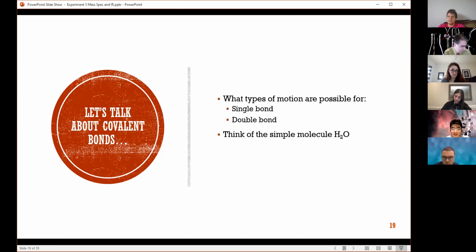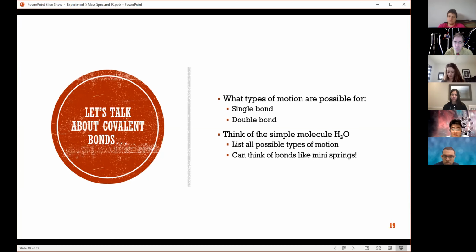So let's think about a simple molecule. Let's think about water for a second. Water, H2O, you guys know that. What are the possible types of rotation or vibration it can do? Well, you've got your oxygen and two hydrogens. A couple of options: those hydrogens could both move in towards the oxygen and out at the same time, so they could do a symmetric stretching. They could do an asymmetric stretching.